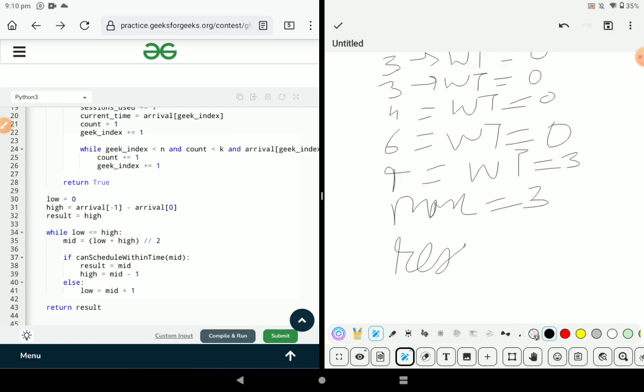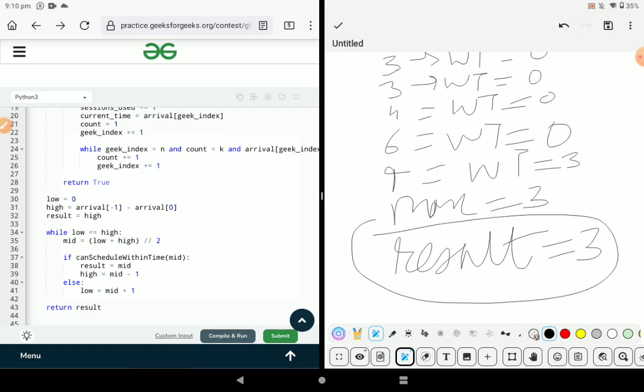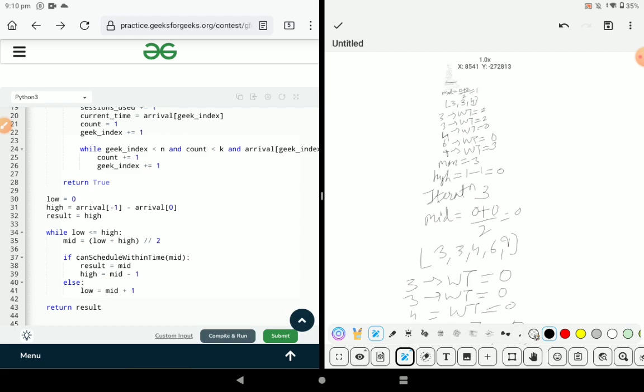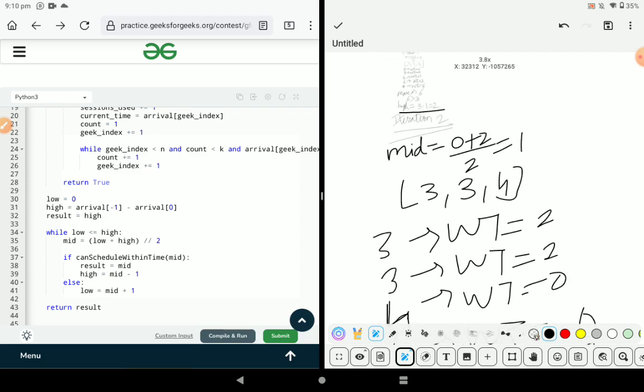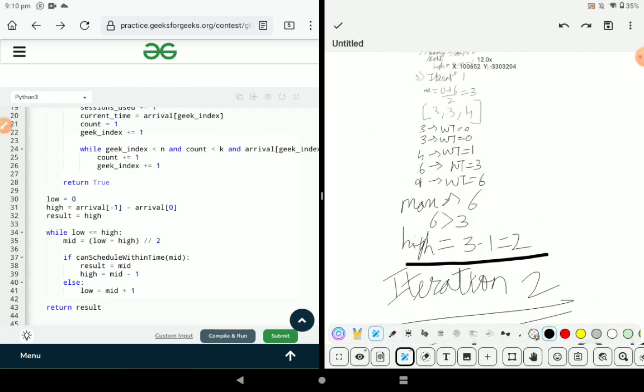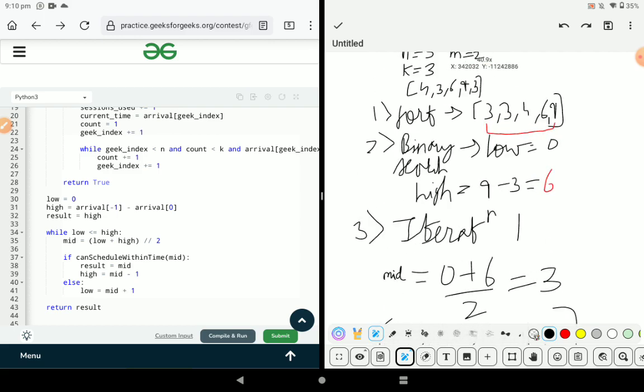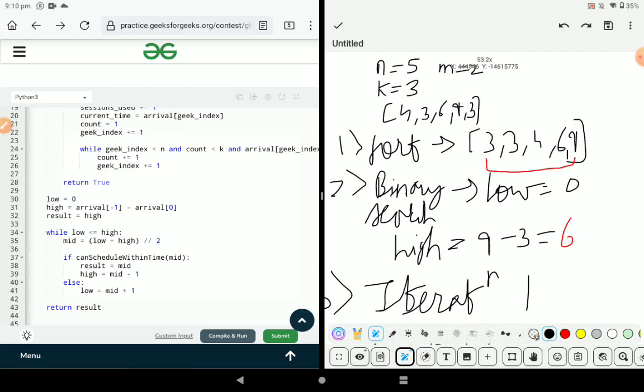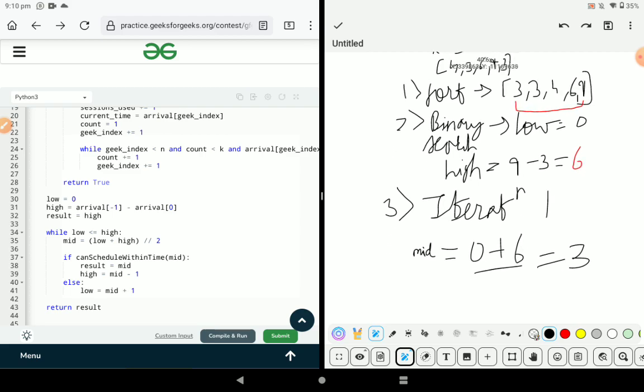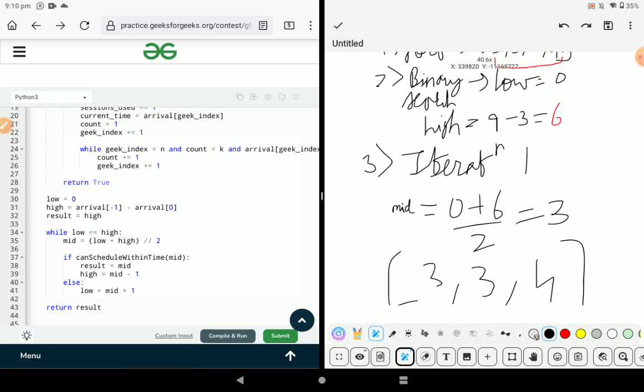Update our result to 3. This is our final answer. So by this we have done the algorithm for it.